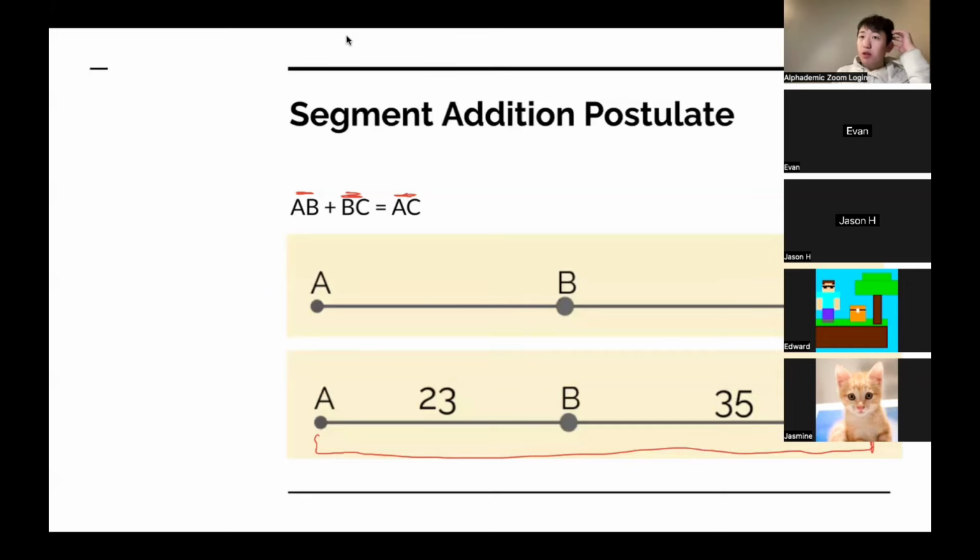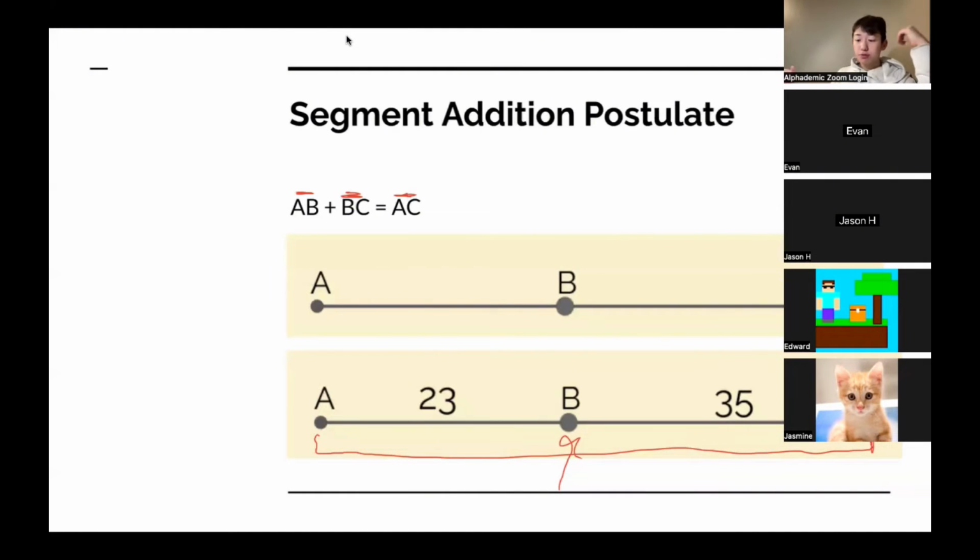And this is basically what the segment addition postulate is. It's very straightforward. It just means that when two segments are connected by a single point, as you can see here, when you add them, they add up to AC. AB plus BC equals AC. That's basically the segment addition postulate. This will be important for proofs again later on in geometry.